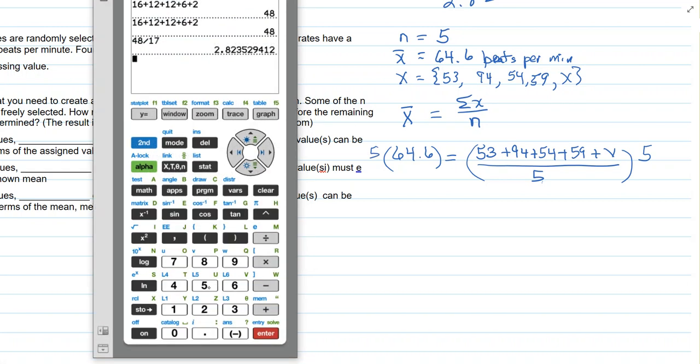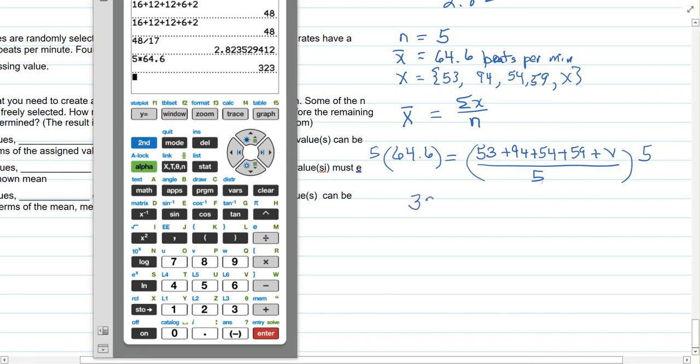So I'm going to have the 5 times the 64.6, and I think that's 323. And now I have the 53 plus the 94 plus the 54 plus the 59 plus X. I'm going to simplify that.